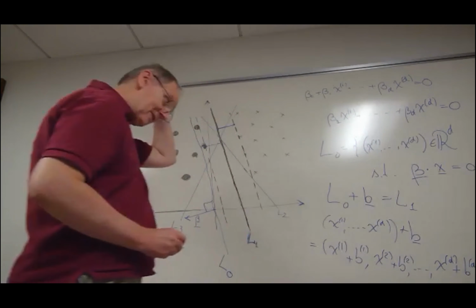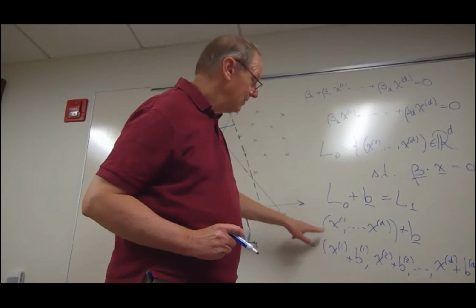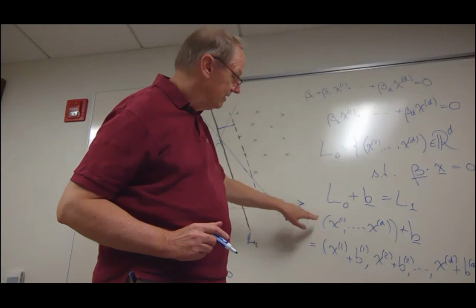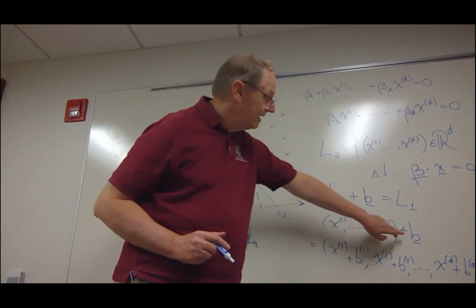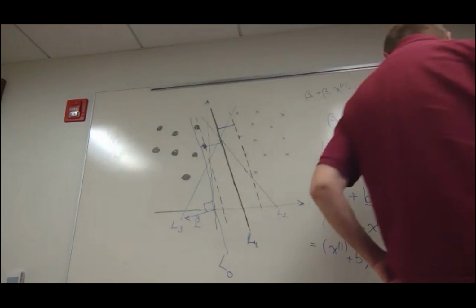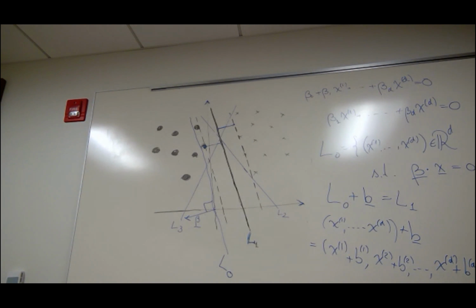And so how can I describe L1 in terms of beta? Well, if I dot this with beta, the first part would be 0, and all I'm left with is beta dot b. So if I dot this with beta here, I just get beta dot the vector b.